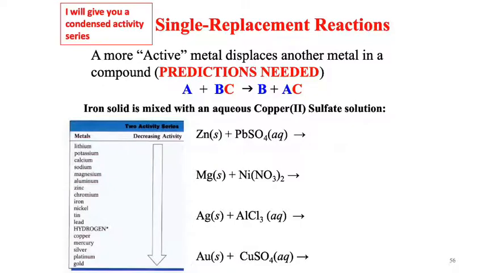Okay? So, the activity series is something that I don't expect you to memorize. I do expect you to use it. How much should you use it? Well, it depends which activity series you're given. You may have to dig for an activity series online. You may have to dig for an appendix in your textbook. All activity series have differing amounts of materials within them, so you have to think about looking for other ones.